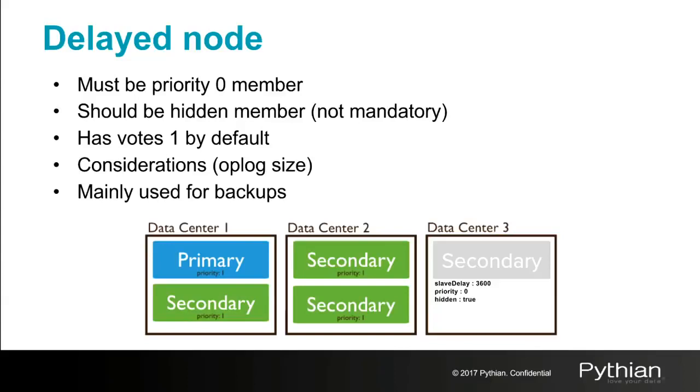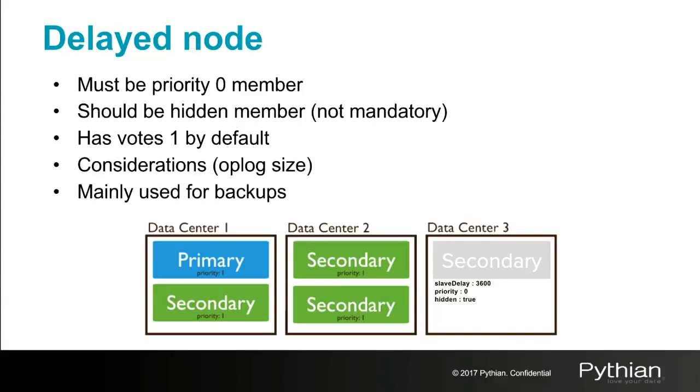This is important in elections because as the node is delayed, we don't have the latest copy of the data, and we don't want this node to be elected as primary whenever there is a failover in the replica set. However, this node will participate in elections and it has votes. Like the hidden node, this node can serve reporting jobs, or it's primarily used for backups.